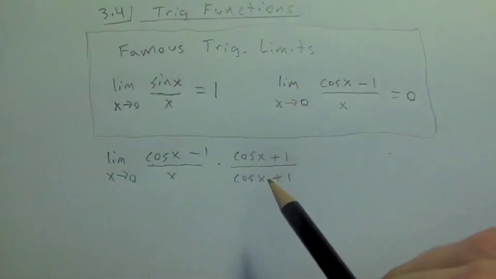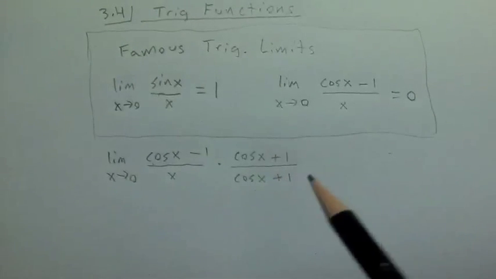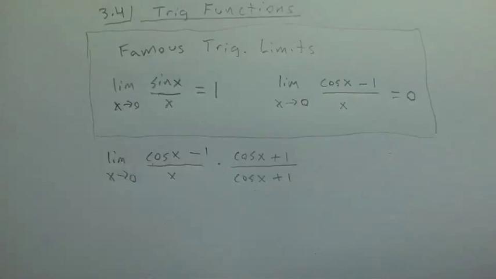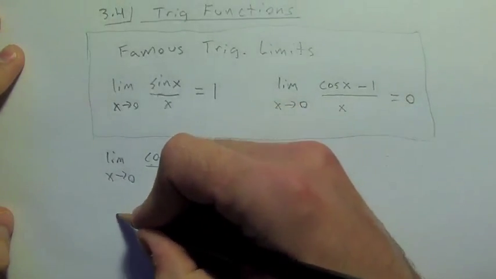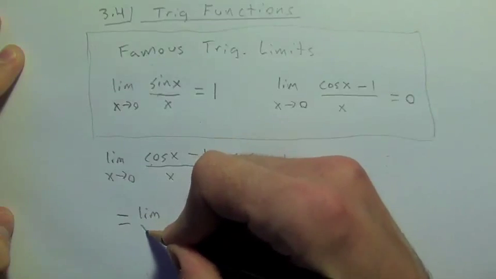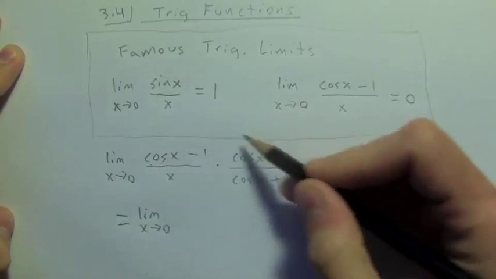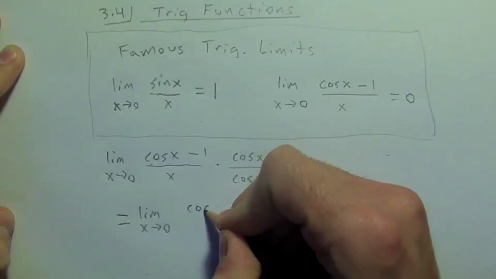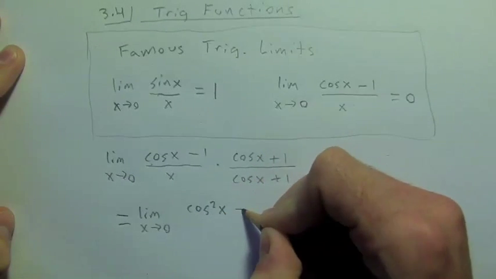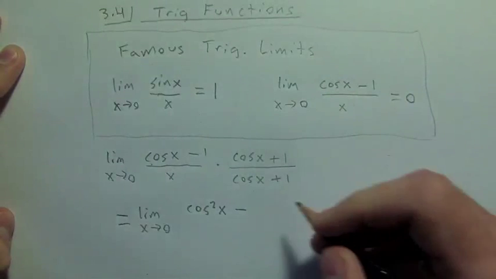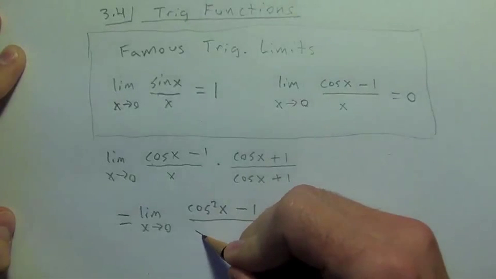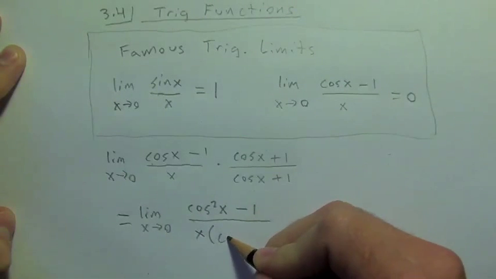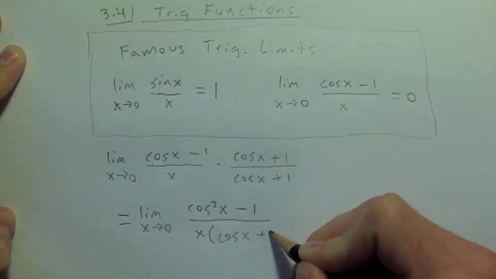We looked at an example of this back in the earlier limit sections. And we basically multiply this through. When you FOIL out the top, we're going to end up getting the first term squared, so cosine squared, minus the second term squared, which is just 1. Okay. And this is all over x times cosine x plus 1.